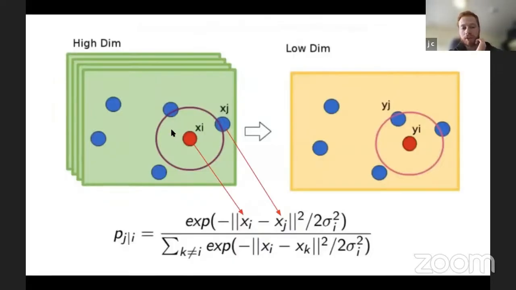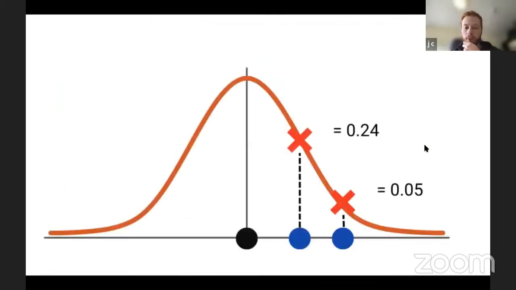Of course, you cannot just go from the high dimensional space to the low dimensional space without losing information, so you want to get as close as possible. We use a Gaussian distribution, so a normal distribution, and we center it around our point. Data points that are very close have a high density in terms of our distribution, and data points that are further away have a lower density. If we get into the tails, the density is extremely low.